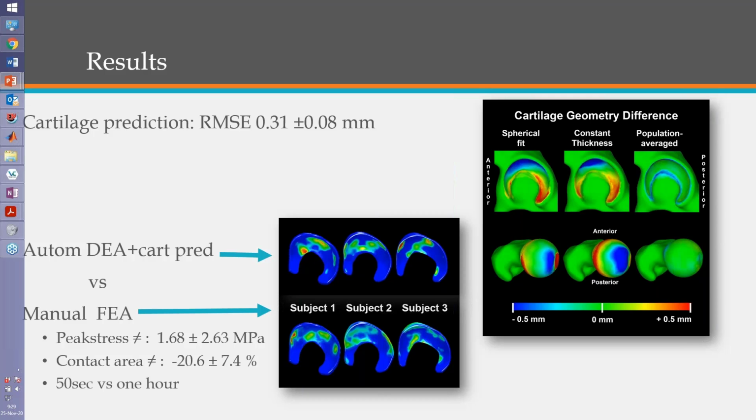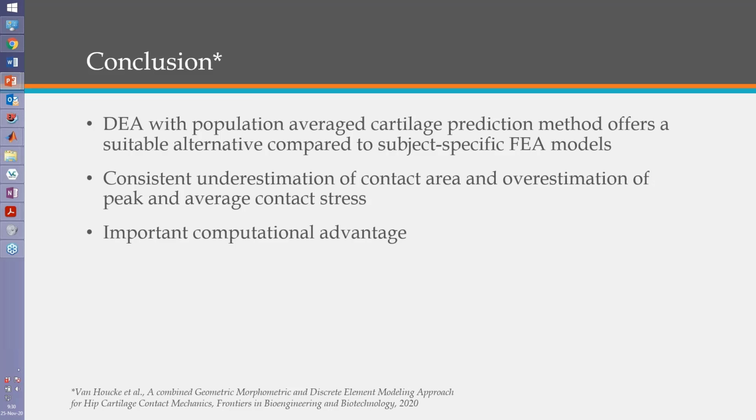These are values that we also typically see in other DEA implementations, but they are consistent. And for that specific reason, in combination with the fact that the analysis only takes approximately 1 minute compared to sometimes 1 hour in some FEA routines, it can be seen as valuable, I guess.